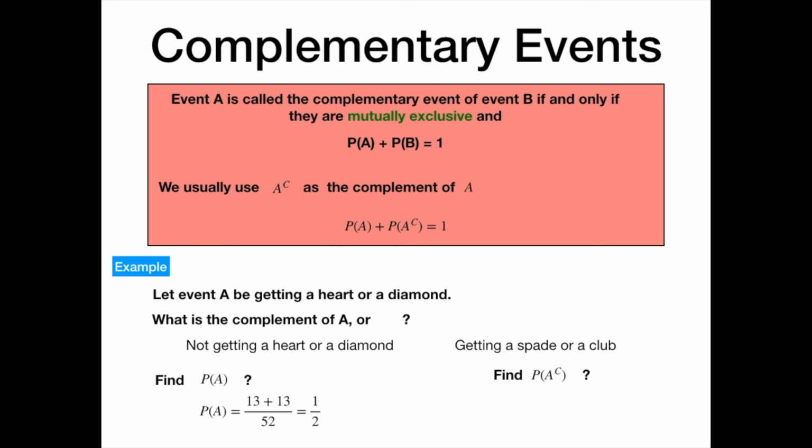When you find the probability of A, since there are 13 hearts and 13 diamonds in the deck of cards, the probability will be 13 plus 13 divided by 52, which equals 1/2. And the probability of A^C, the complement of A, will be 1 minus the probability of A, which also equals 1/2. And again, we use A^C as the complement of A.